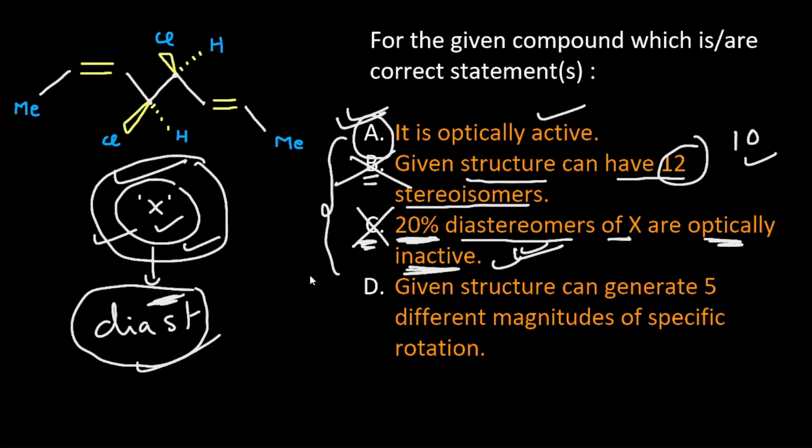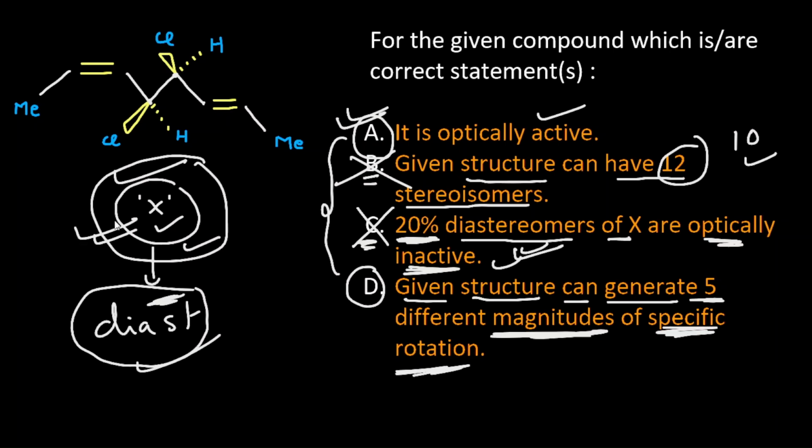Okay, now let us see option D, and we will analyze whether it is correct or not. It says that the given structure can generate five different magnitudes of specific rotation. So what it is trying to say is, the compound X has a structure. Based on the structure, it will have stereoisomers.